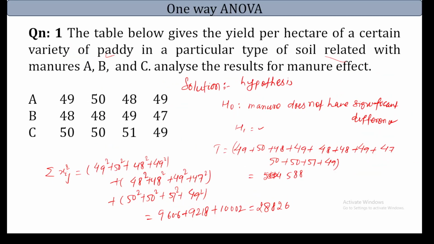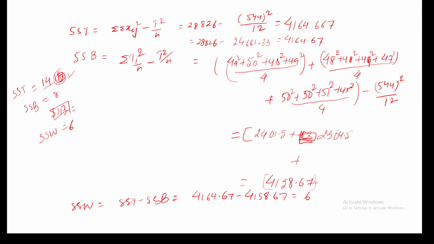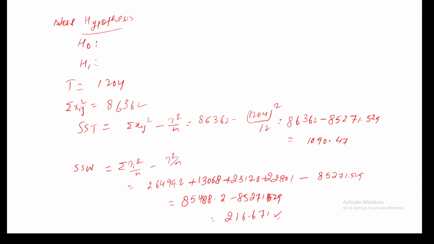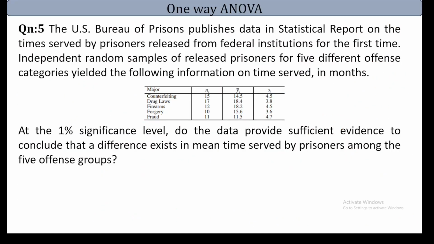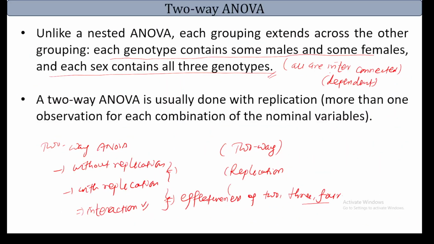So this was an example of one-way ANOVA, and then lastly we have two-way ANOVA also. I will show you. In two-way ANOVA, we have without replication, with replication, and interaction also, but usually we go with without replication.